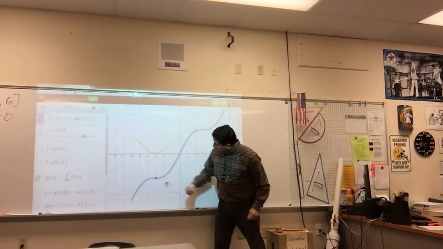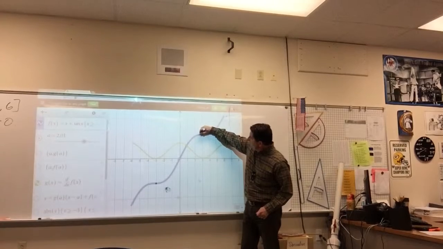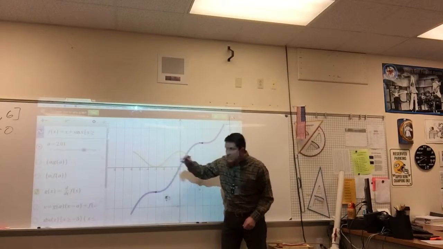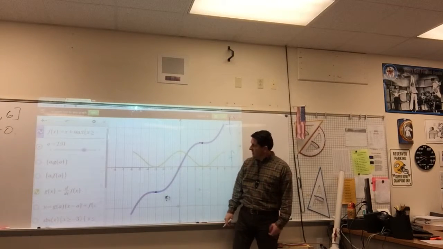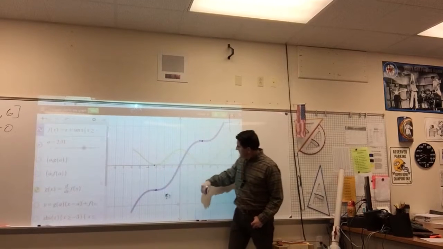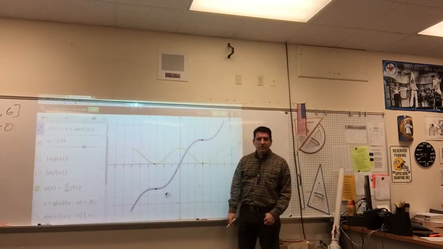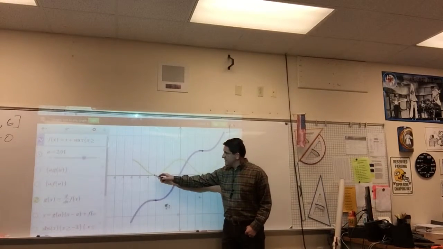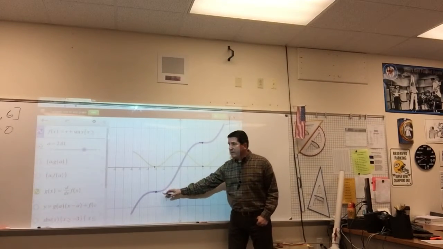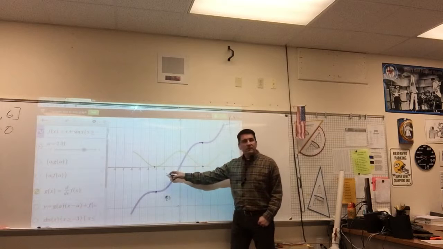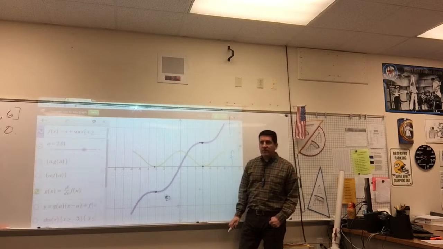Slope of 0, slope of 0, right? That matches up with this one and this one. But since the derivative is always positive, the function increases in between the places where the derivative is 0.